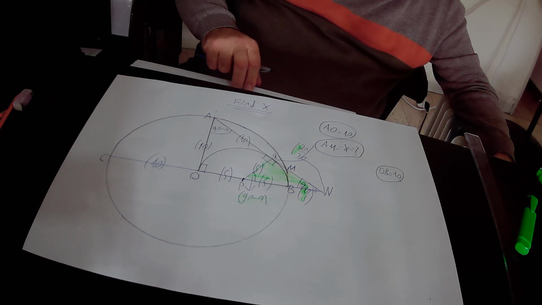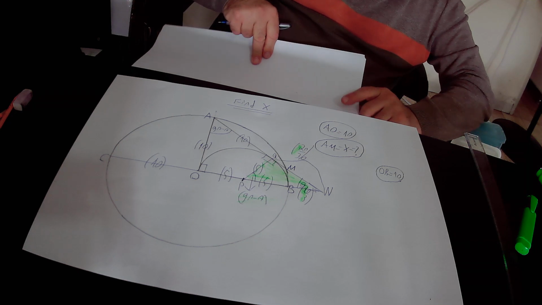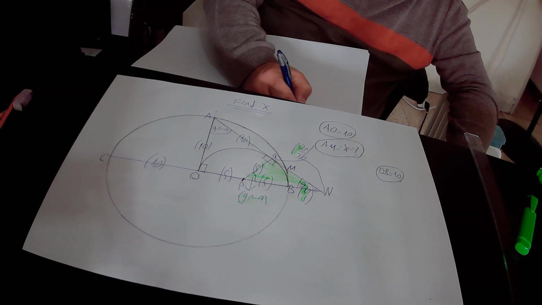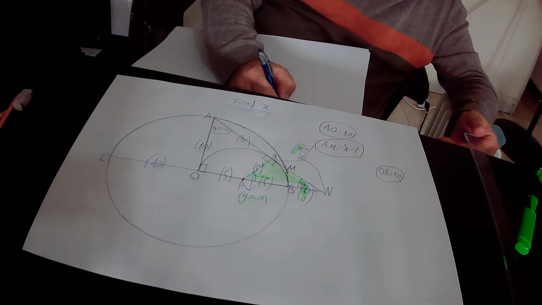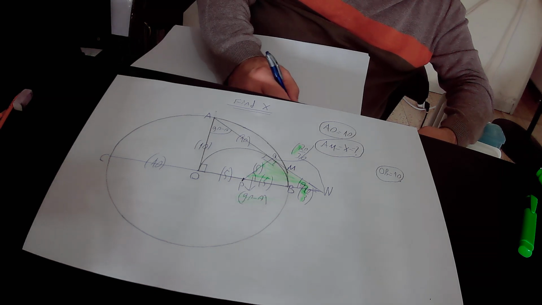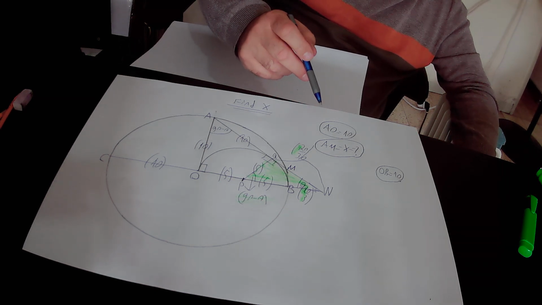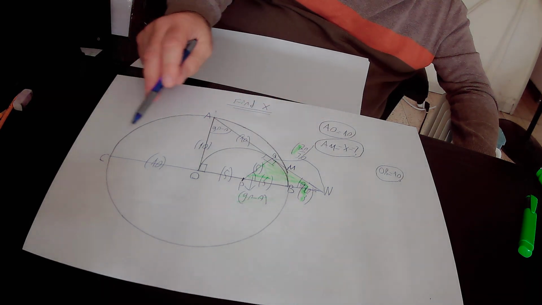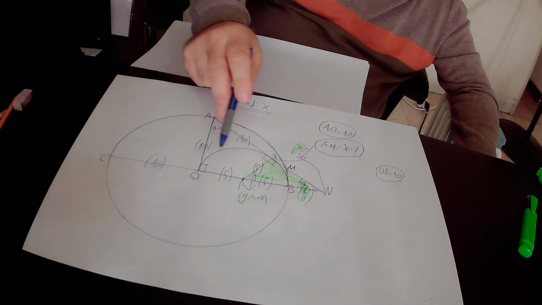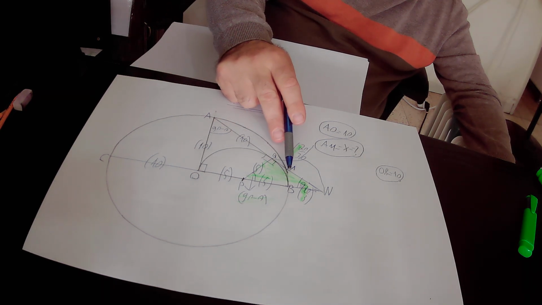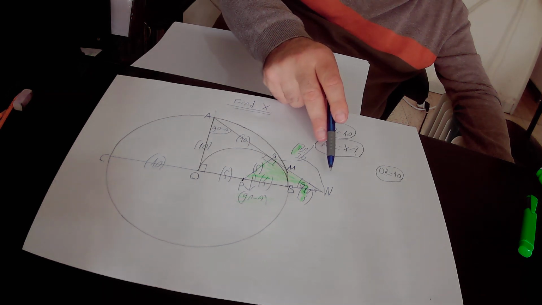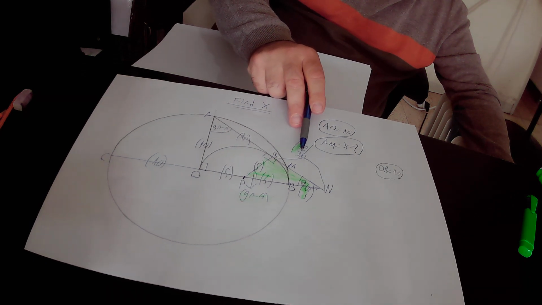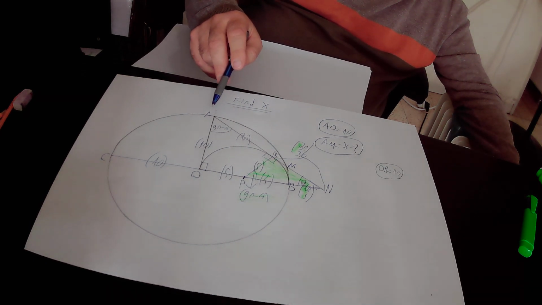So I write it down. In our original drawing, if you focus at point N, we have two line segments. Line segment NC cuts the circle at points B and C. This way we created here chord BC, and we have another line segment NA from point N that cuts the circle at points M and A. In this way we created chord AM.